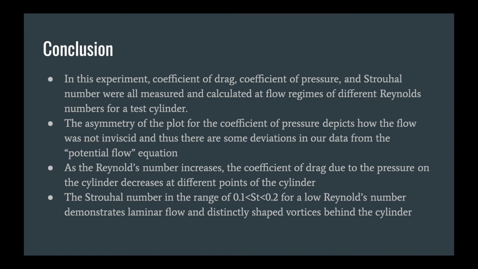We were also able to determine that the coefficient of drag due to pressure decreased as the Reynolds number increased. For the Strouhal number, our value was in the range of 0.1 to 0.2, which demonstrates a laminar flow with distinctly shaped vortices behind the cylinder. In conclusion, the majority of our analysis showed that our data supports our initial objectives both qualitatively and quantitatively.